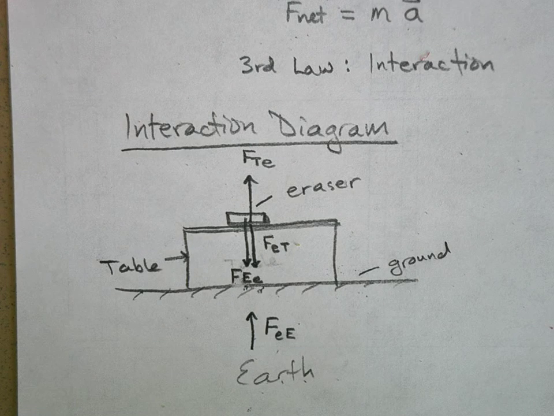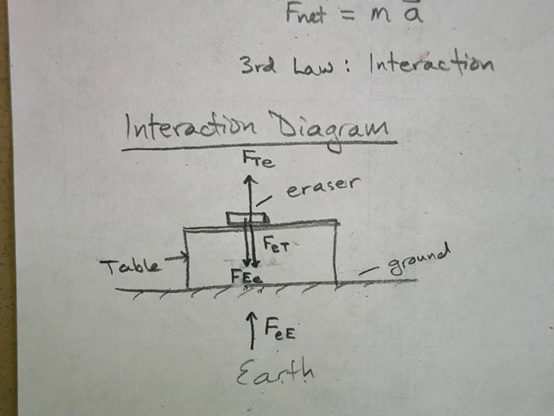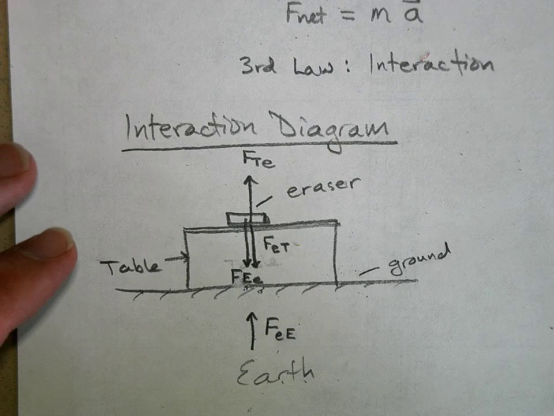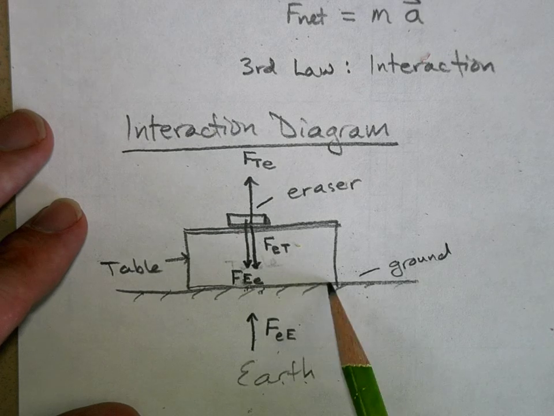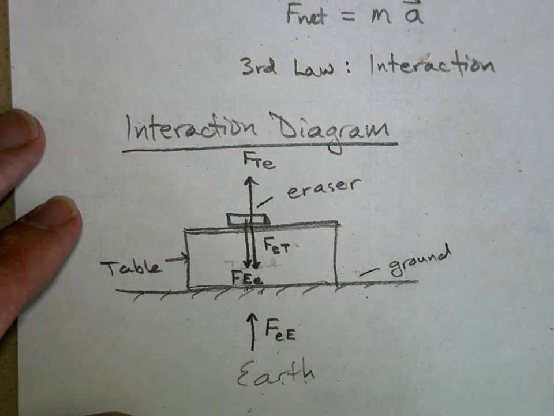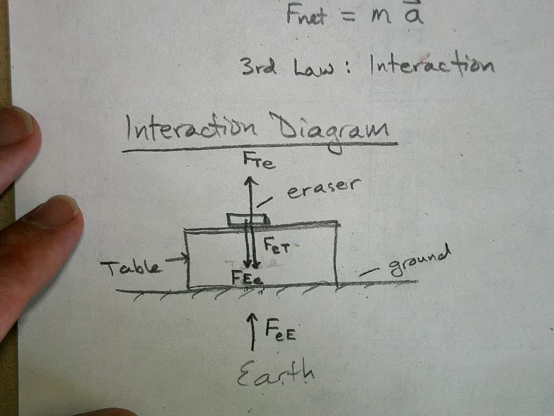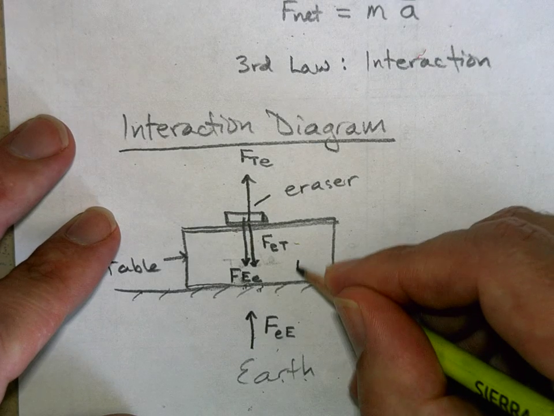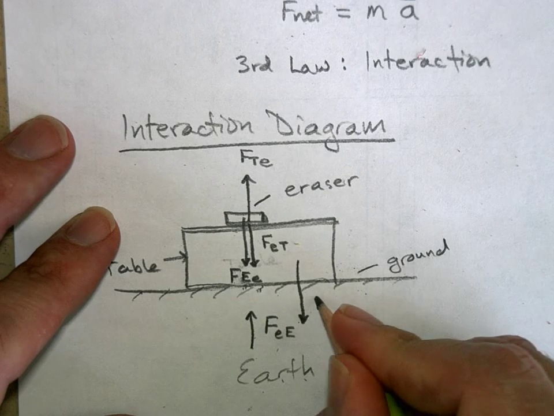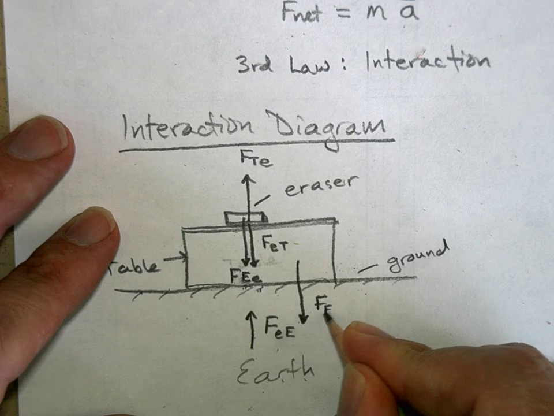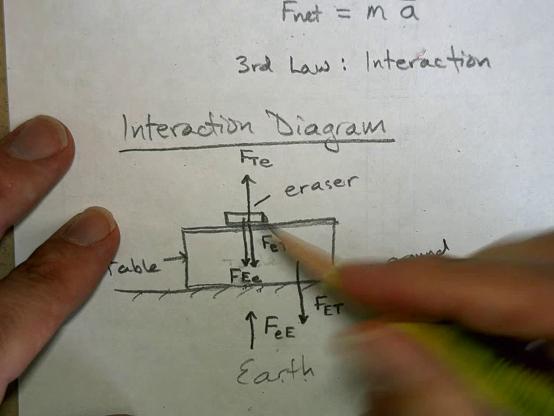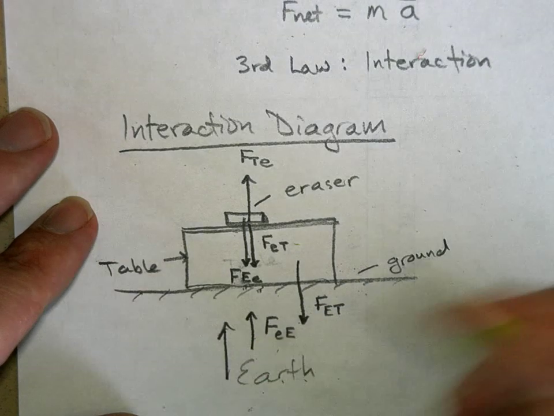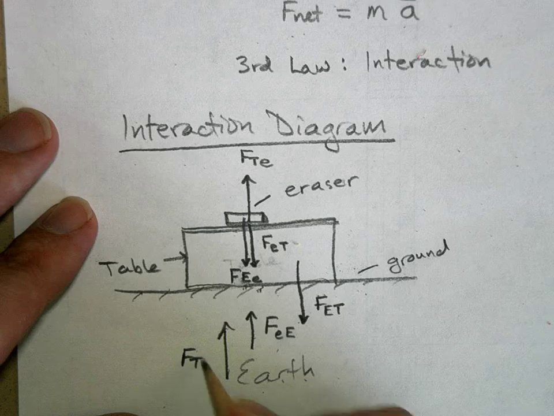So now what I can do, by the way, we can keep going, right? Here's the table, and doesn't the earth pull down on the table? Okay, so here's the force of the earth on the table, and then of course there's the force of the table on the earth.